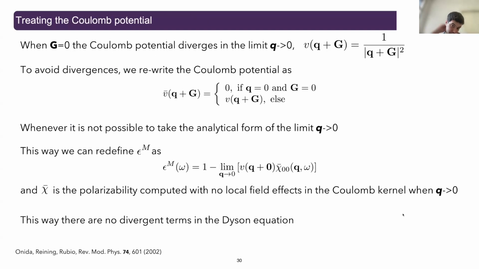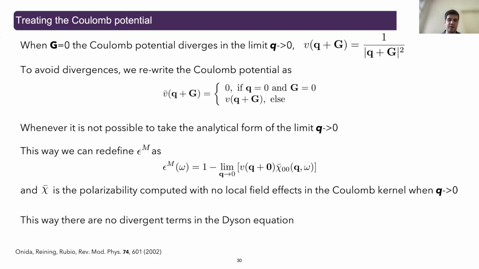Now, there are two final remarks before I finish this section. First of all, I should explain how the Coulomb potential is dealt with inside VASP. This approach is in fact common to many plane wave codes, and it has to deal with the fact that for G equal to 0, the term of the Coulomb potential when Q goes to 0 diverges.